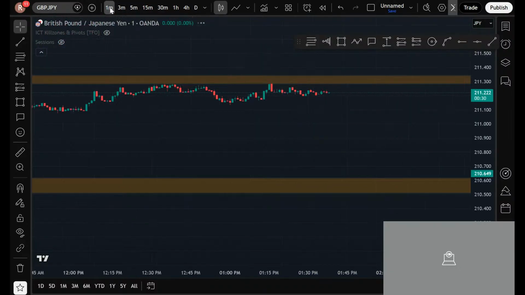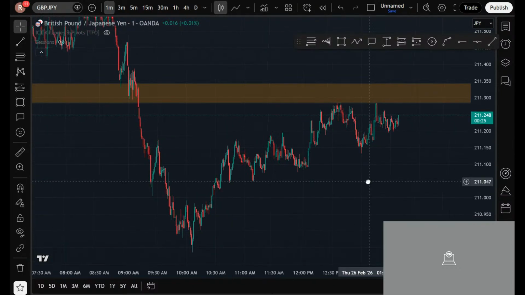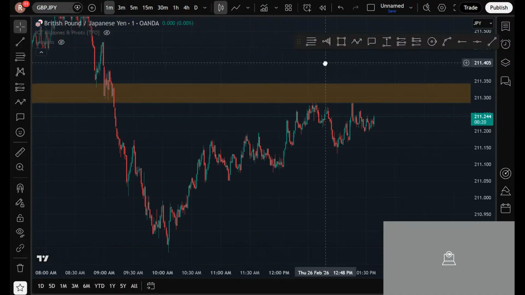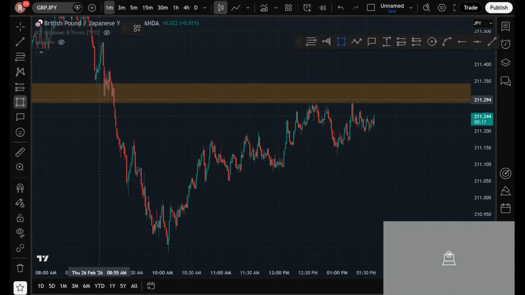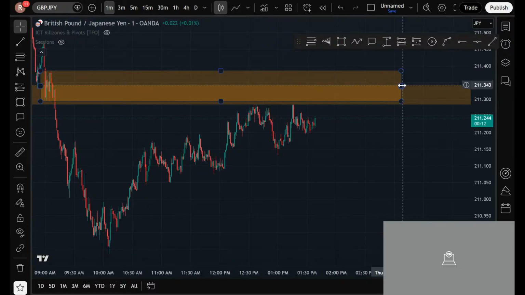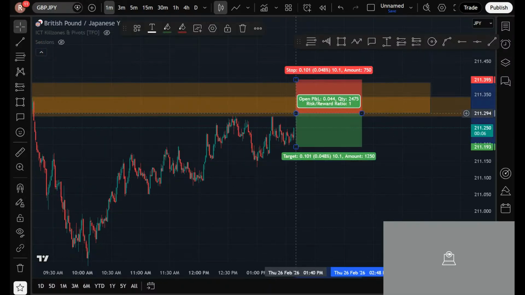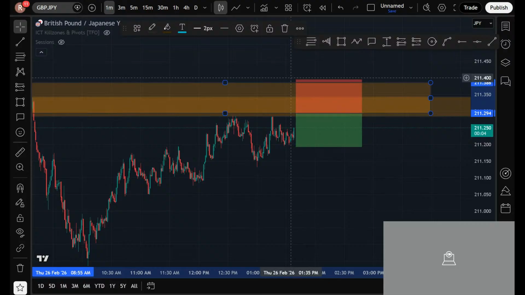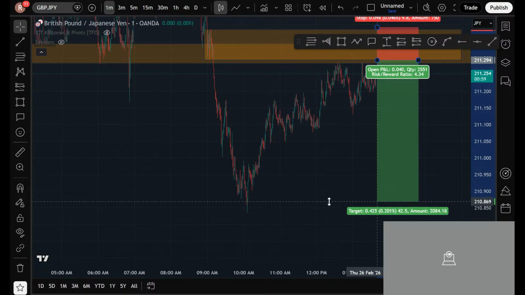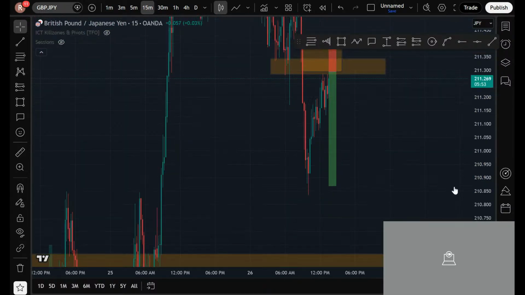With that being said, on 1 minute time frame, this is the order flow that we have. Did market tap on this order flow? No. So look, my entry will be on this order flow, keeping my SL here and my TP over here. This would be my potential area.